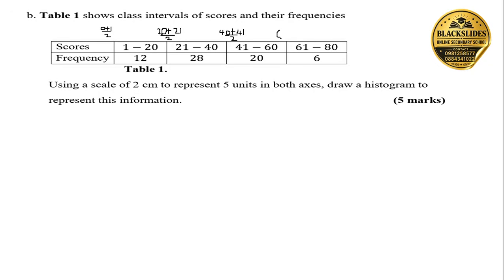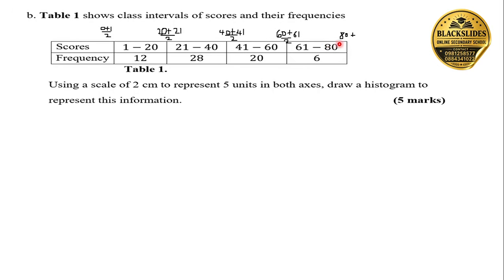Like that. So you have 60 add 61, divide by 2. And then the last one will simply be 80 plus whatever we got here.